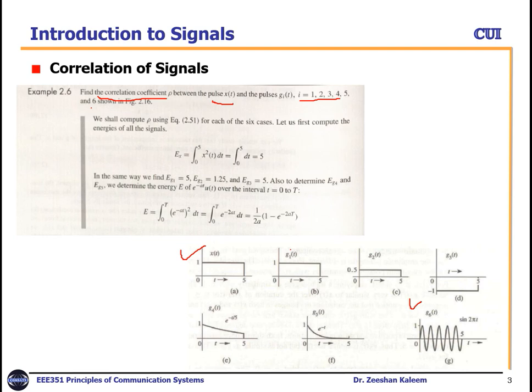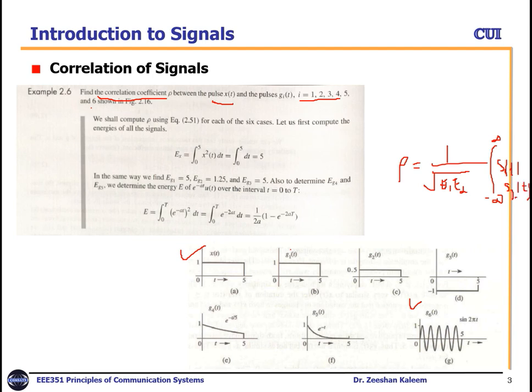As you know, to calculate rho we have an equation like this: 1 over the square root of the energy of signal 1 times the energy of signal 2, multiplied by an integral from minus infinity to plus infinity of signal 1(t) times signal 2(t). So I rewrite the general equation.